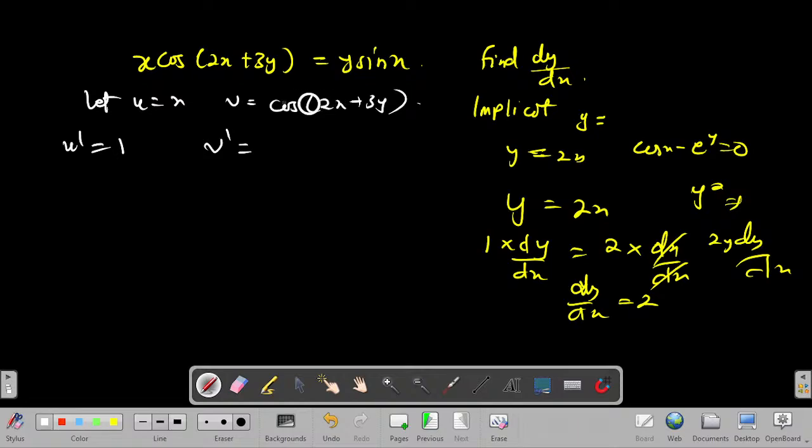For us to succeed, we are going to differentiate with x, where y is a function of x. So with respect to x, when you differentiate, we need to use the chain rule, and remember.